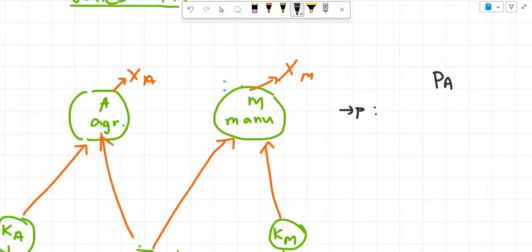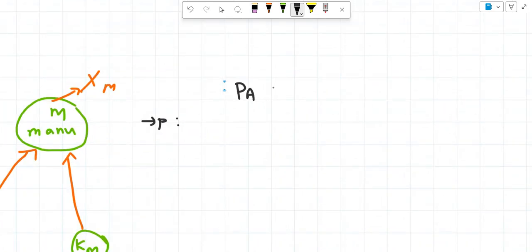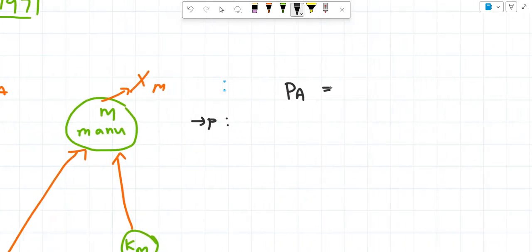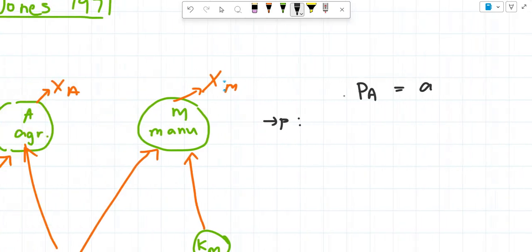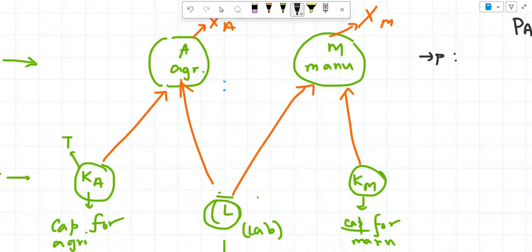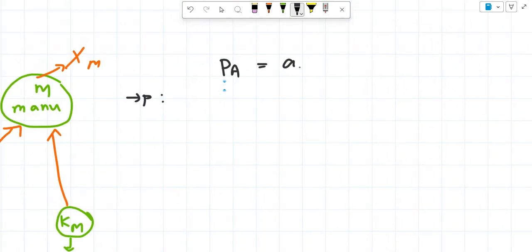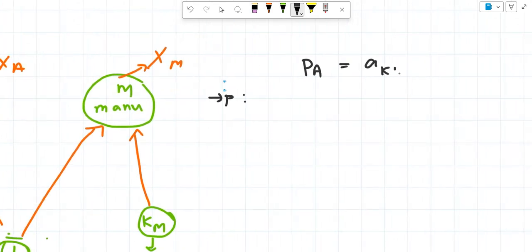If we look at the agricultural sector, what are the inputs going into it? Land and labor. So PA equals, you can use different coefficients or different letters. You can use A, K, so AKA, but you have to remember this K is not capital.